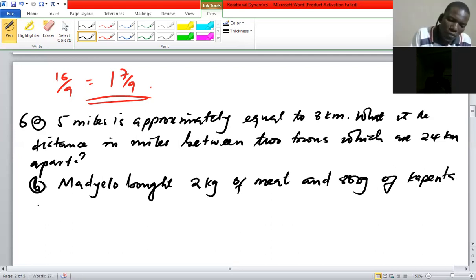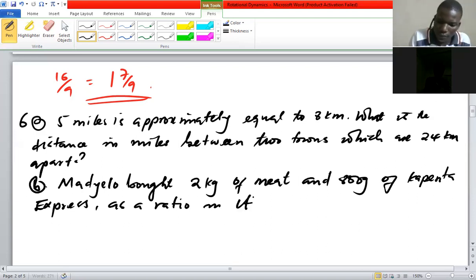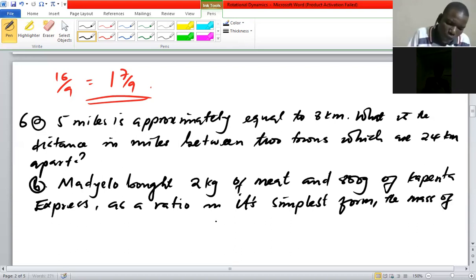Express as a ratio in its simplest form the mass of meat to that of carpenter.